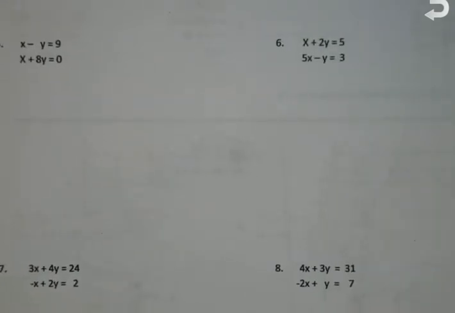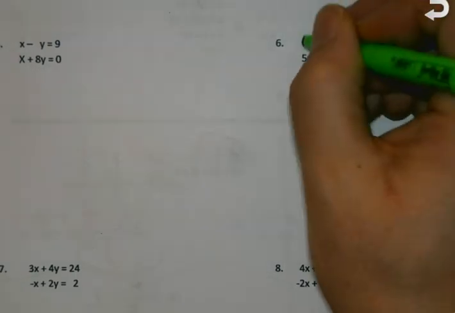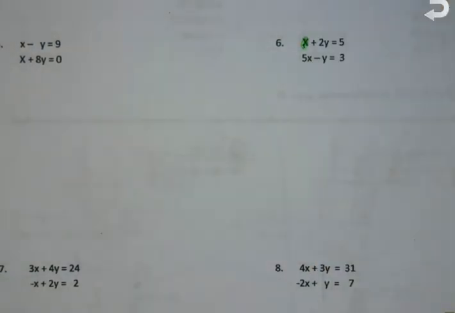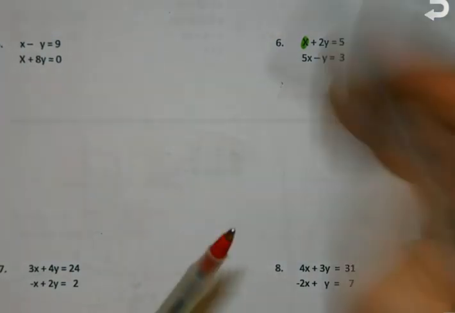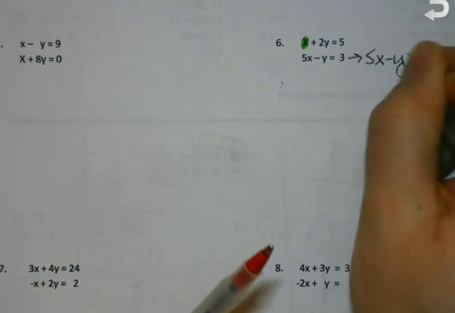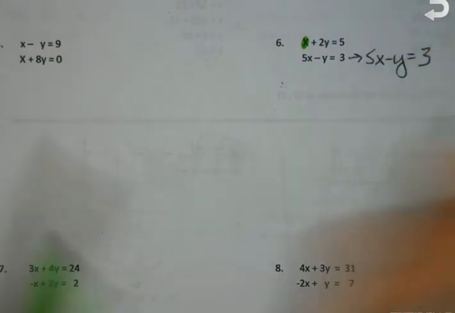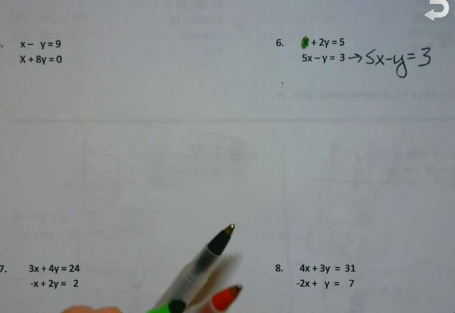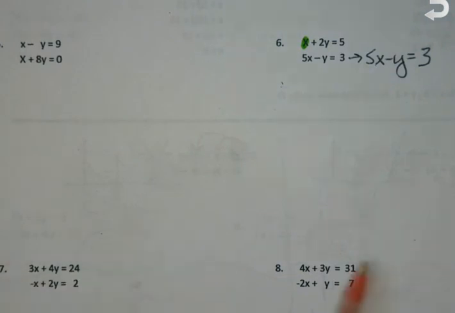Alright, number 6. Unfortunately, again, adding down not an option. But I see this plain old x up here. Now, sometimes it may be y, and that's okay too. So, okay, since that's the one I'm going to change, I'll leave the bottom one alone. Okay.